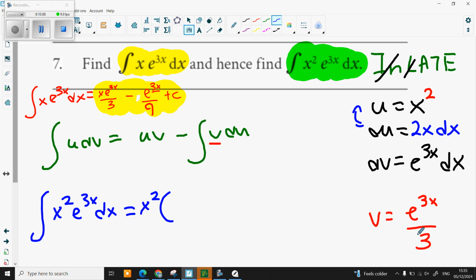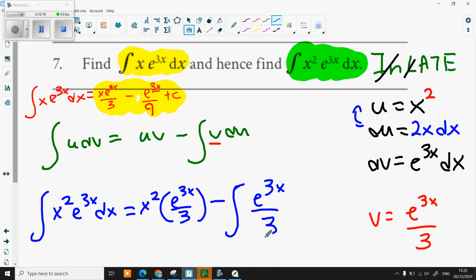What's v? Anybody? It's the same as last one, isn't it? e to 3x over 3. What's v? e to 3x, yeah? Over 3. And what's du?